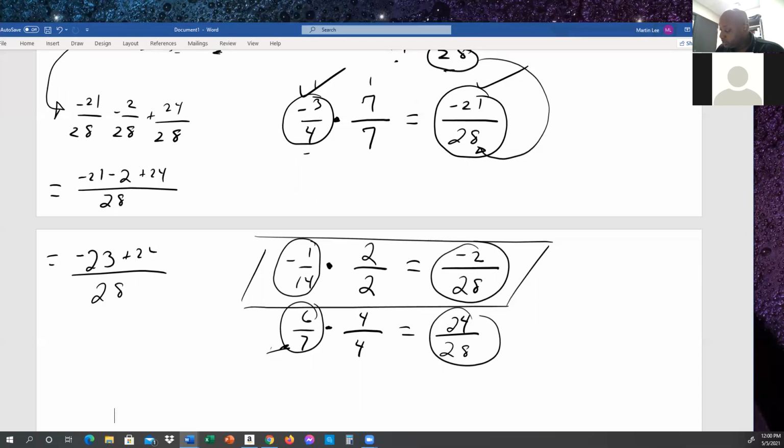Then bring down the plus 24. My denominator is still 28, and -23 plus 24 gives me 1. So for 56, I end up with 1/28.